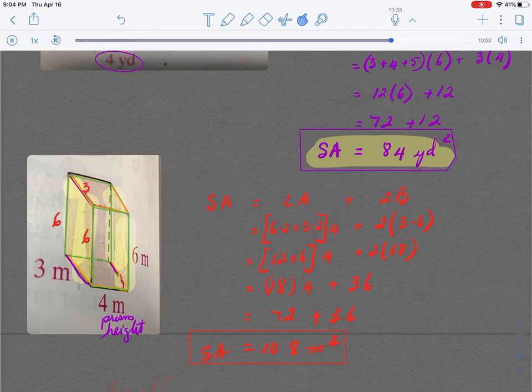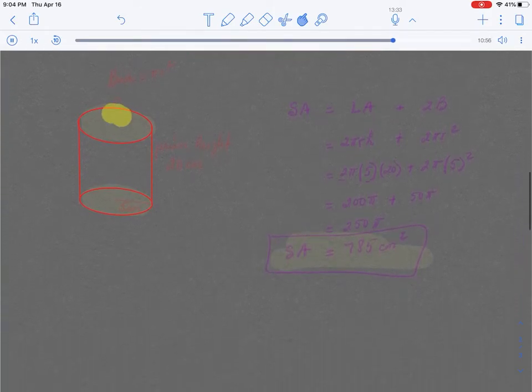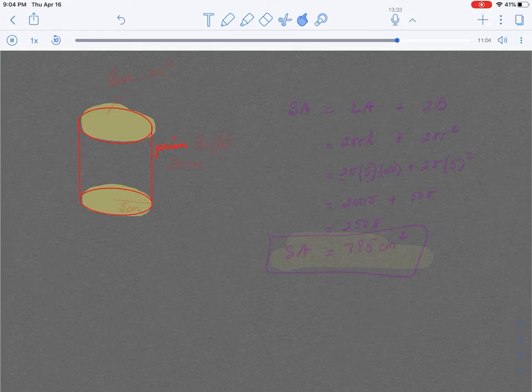Okay, let's say I have a cylinder. In this cylinder, I know this is my base, and that is my prism height that's connecting to it. And that is my base. In this case, it is a circle, so you have a formula of pi r squared.